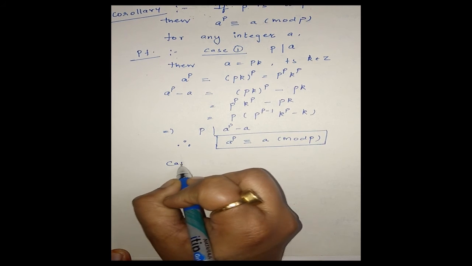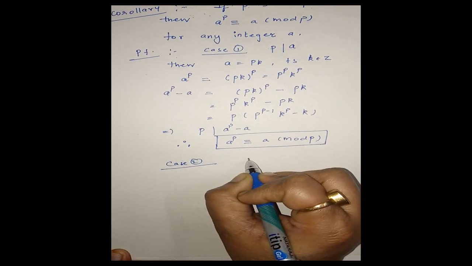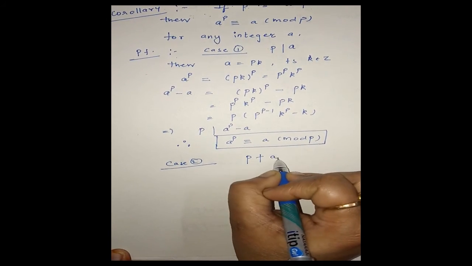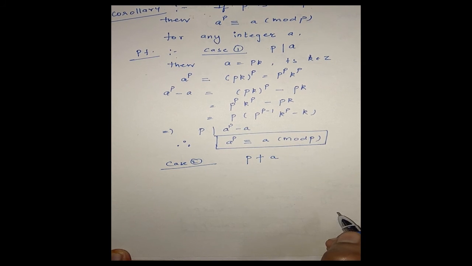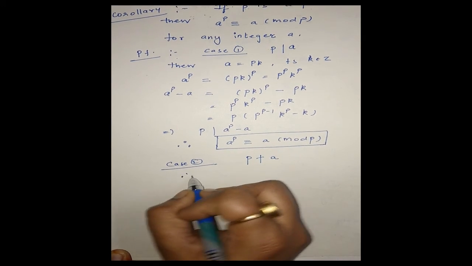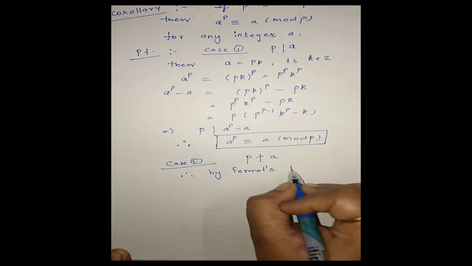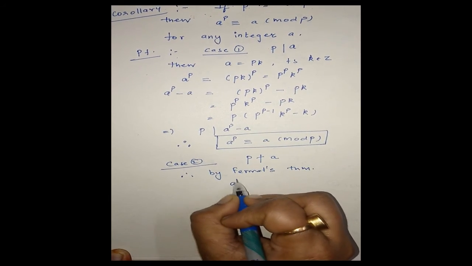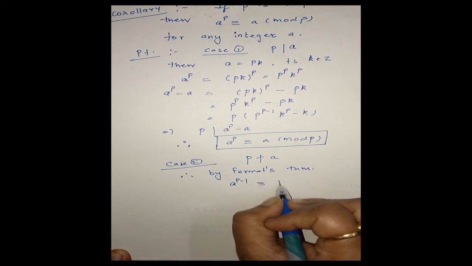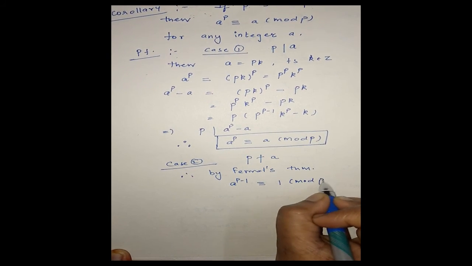Now, case 2. If p does not divide a. Now, p is a prime and p does not divide a. Therefore, by Fermat's theorem, a power p minus 1 is congruent to 1 modulo p.